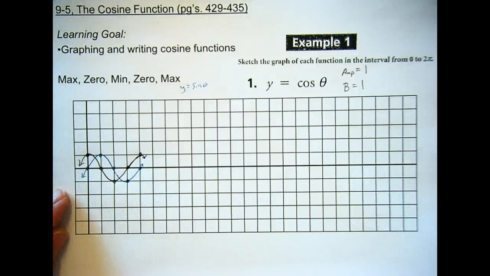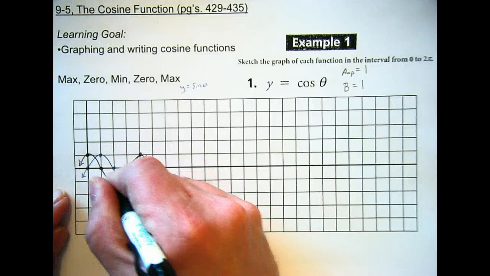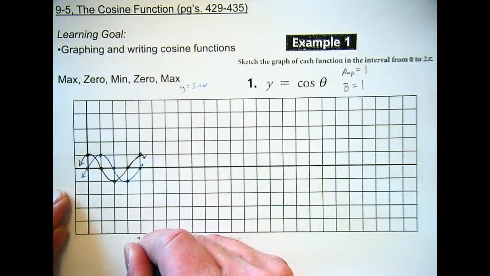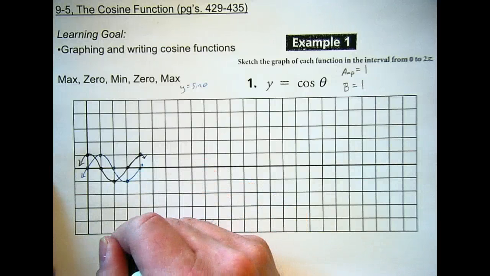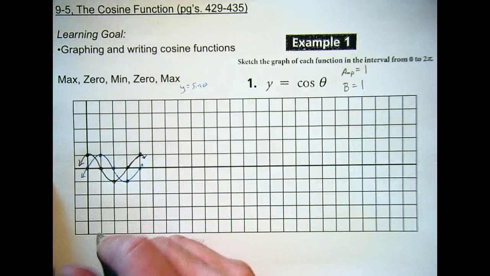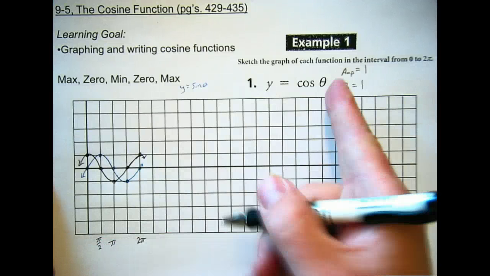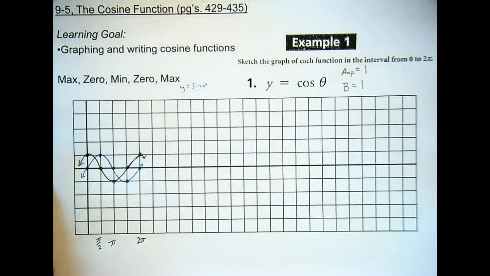If we were to figure our zeros for the cosine curve, well, this right here is out to 2 pi. We know that this line equals 2 pi. Okay? This line, halfway, is then pi, meaning this is pi over 2. Or if you're sketching the parent function, it's one complete revolution of the unit circle, right?